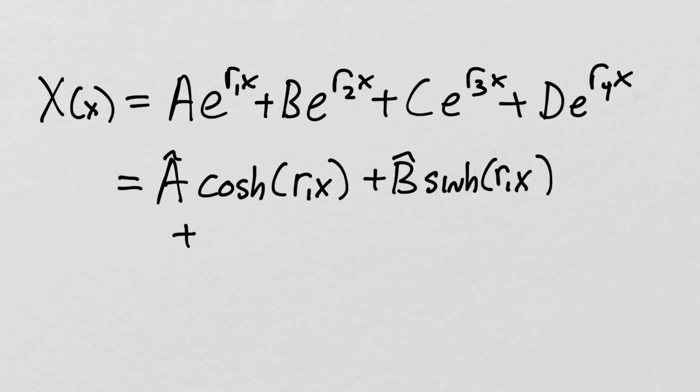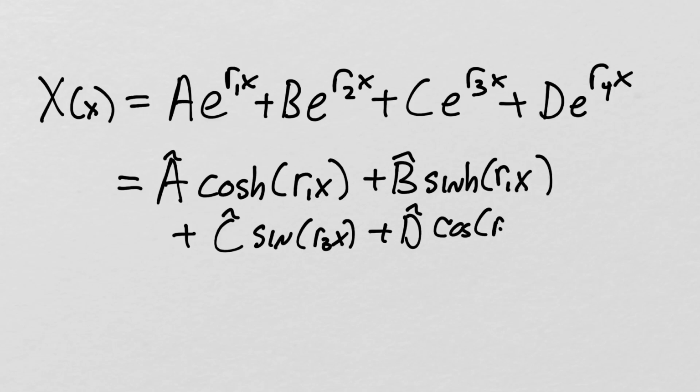But then we do the same thing for the imaginary parts. R3 and R4 are imaginary, so we know we can make them sine and cosine. So I'll write C hat sine R3x plus D hat cosine R3x.